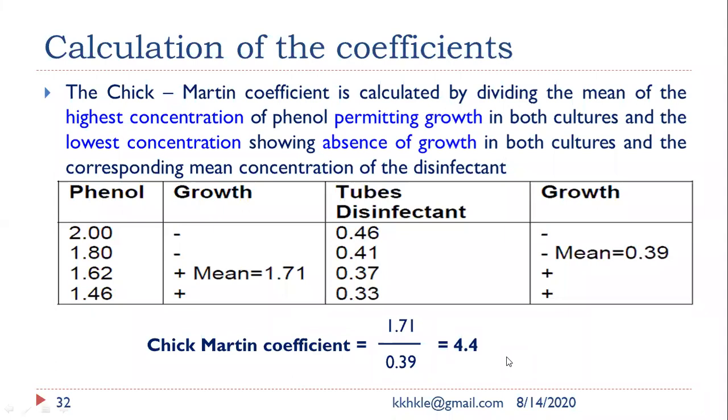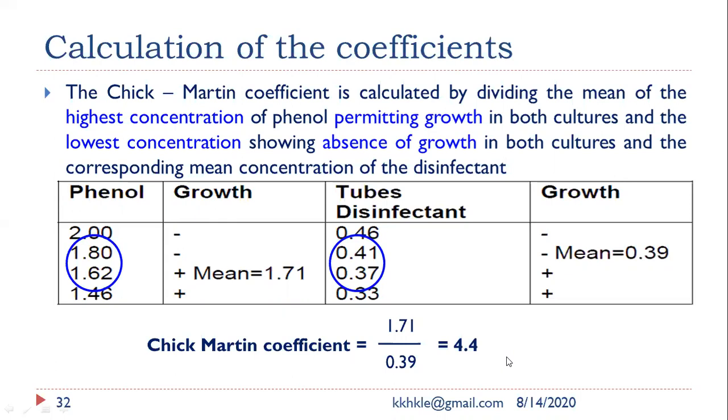Here 1.8 percent is the lowest concentration not showing growth, and 1.62 percent is the highest concentration showing growth. The mean of these two is 1.71. Similarly, the mean for the sample disinfectant is 0.39.